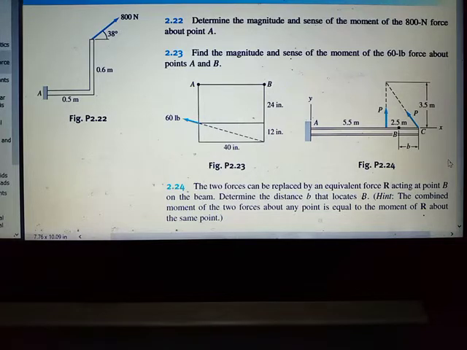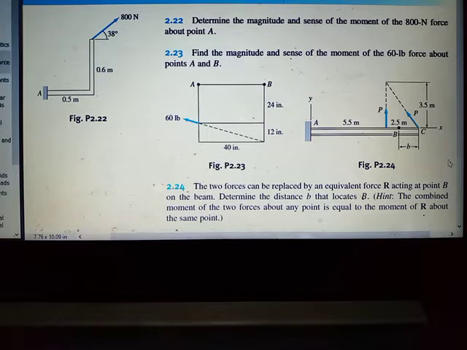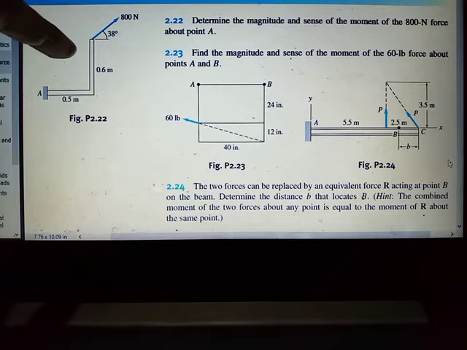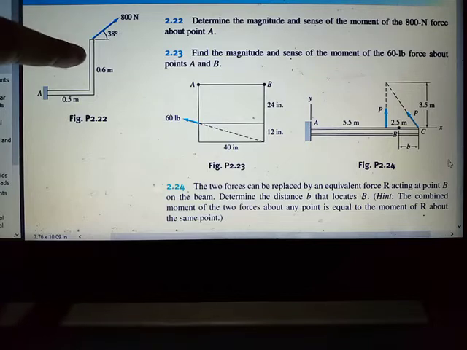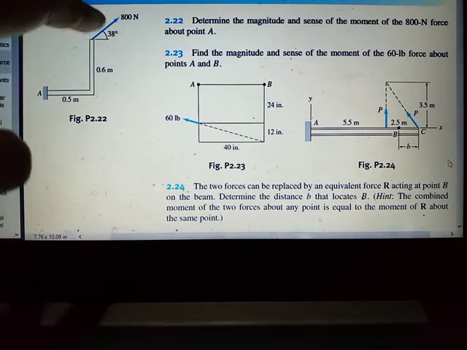For example, 2.22: determine the magnitude and sense of the moment of the 800 Newton force about A. Here you can see this figure. We have an 800 Newton force which is neither horizontal nor vertical, so we will convert this into x and y components.